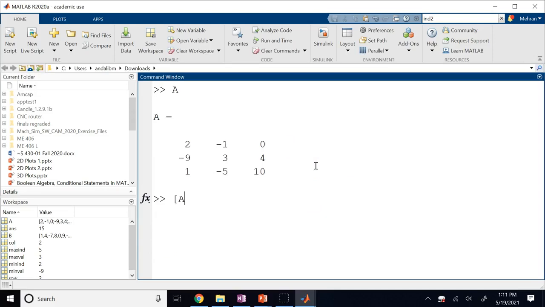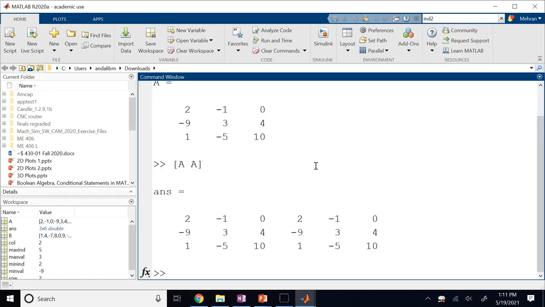I either can say A, A by concatenation, or I can say repmat of A in a 1 row and 2 column format. So create a 1x2 matrix, and in each entry of that 1x2 matrix, plug in matrix A.